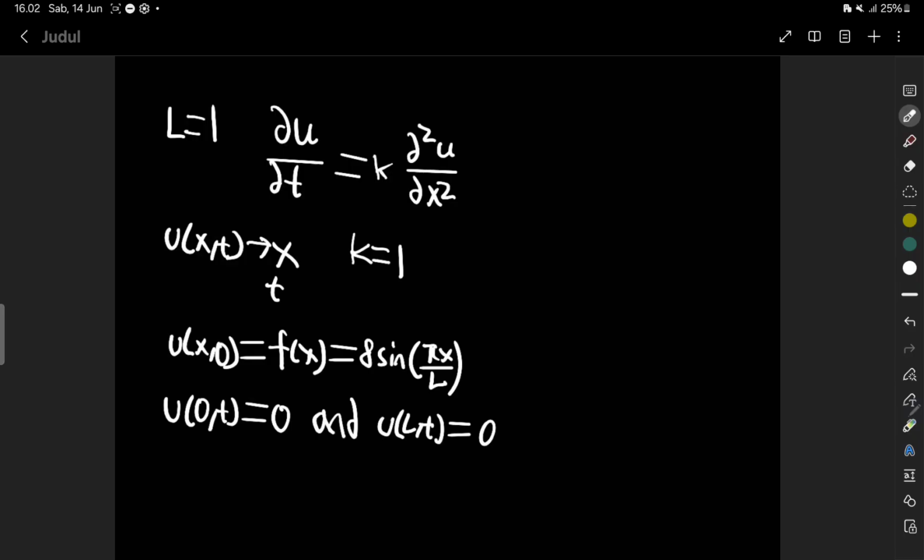We are going to analyze how this initial heat diffuses along the rod over time and calculate the temperature at x equals 0.5 and t equals 0.05.